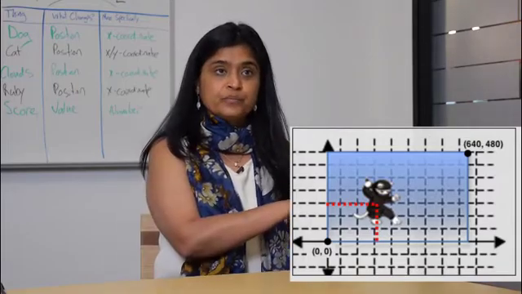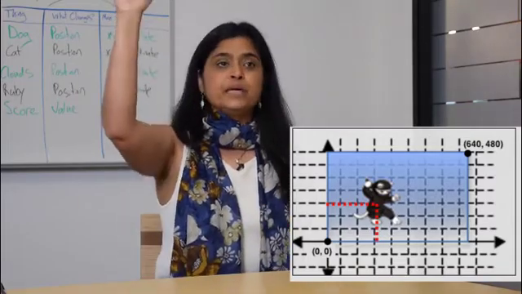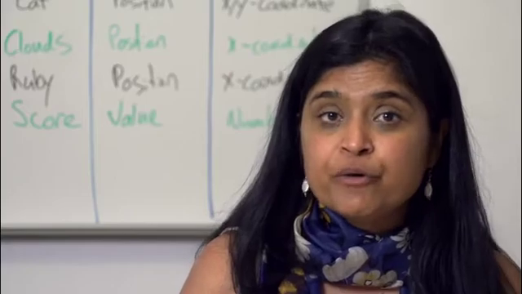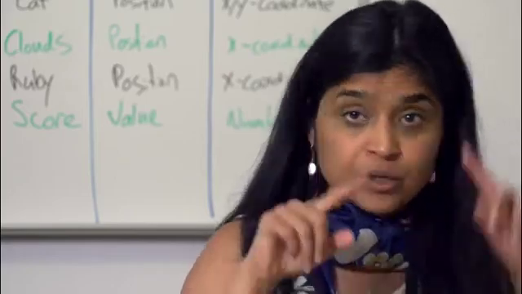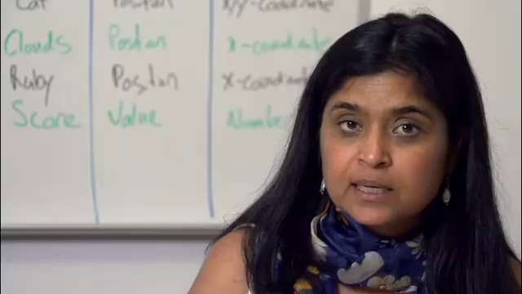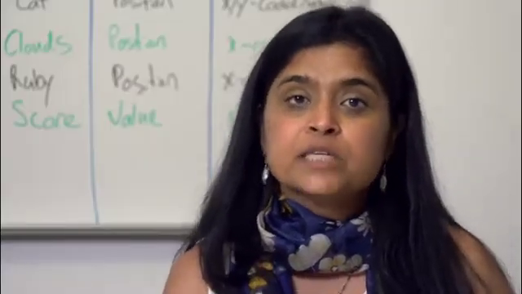This establishes the coordinate plane, with the origin 0, 0 anchored at the bottom left-hand corner and the top right-hand corner being the top coordinate, 640 by 480. It's a good idea to have students figure out what the coordinates are of the other corners as well for practice. Once students have realized that all positions are coordinates, they can fill in the third column of the table.